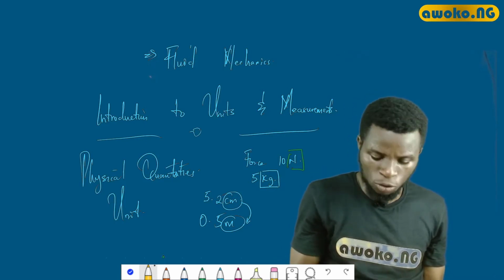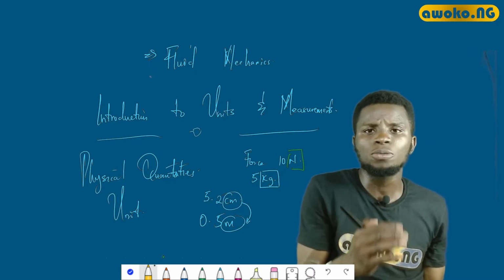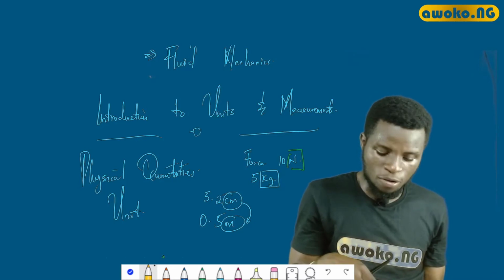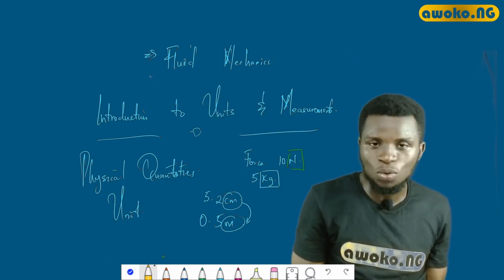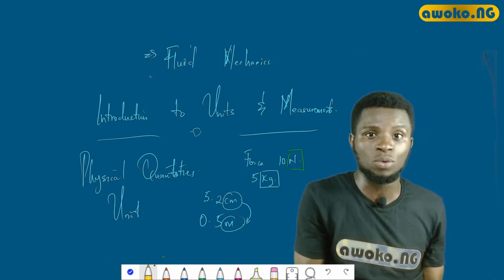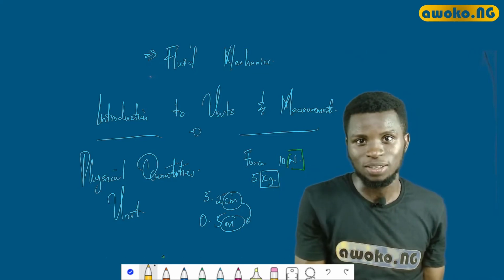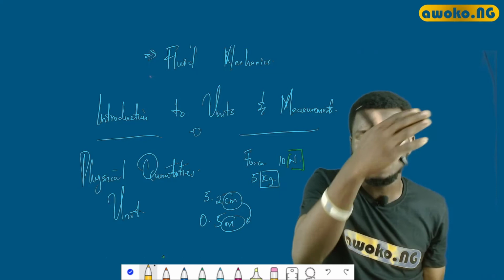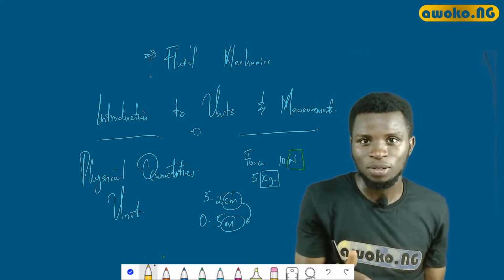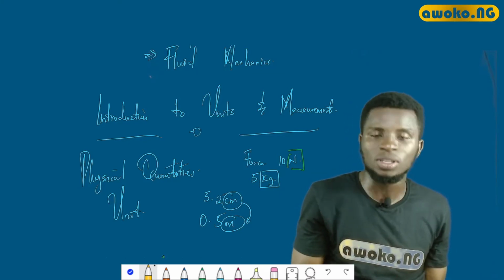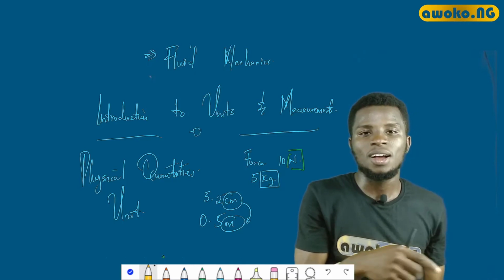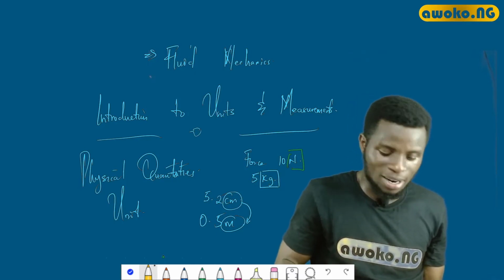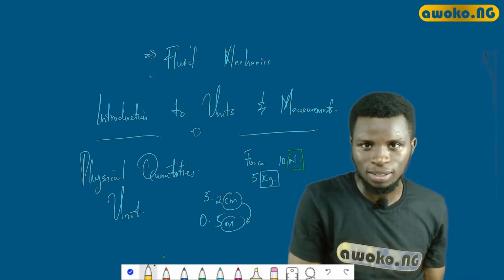So this particular unit helps us to differentiate the physical quantity mass from the derived quantity. Of course, force is a derived quantity. Insofar as it is a quantity, be it derived or fundamental, later on, I'll tell you what fundamental quantities are and what derived quantities are. This is just an overview of what a unit is.